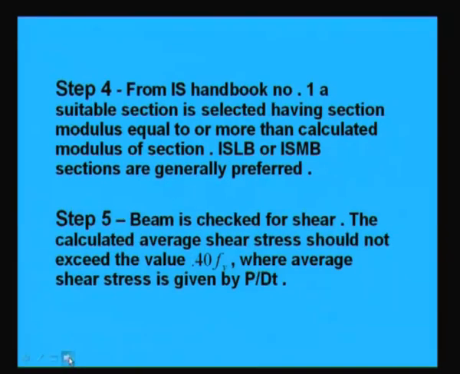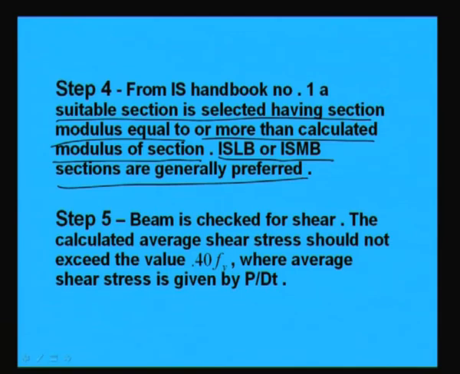Next, we will go for the check for shear, right. Now, from the IS handbook a suitable section we can find out having section modulus equal to or more than the calculated modulus of section. ISLB or ISMB sections are generally preferred. In practical cases we will see mostly we use ISMB or ISLB sections, right.